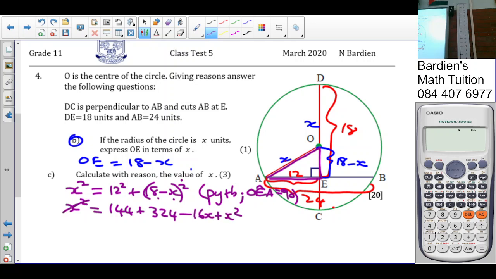The x squared cancels. Take 36x over, it becomes positive. I looked at it as 8, but it's 18. You are correct.